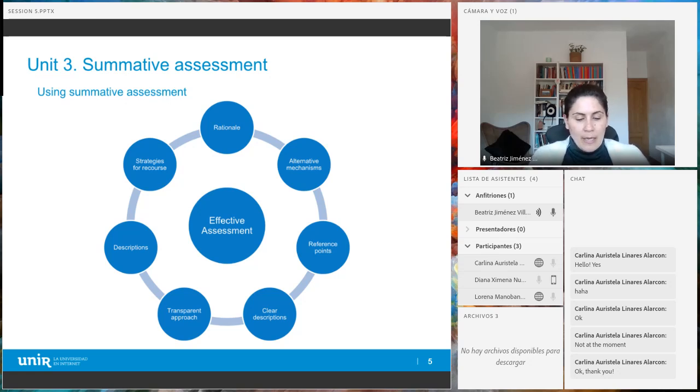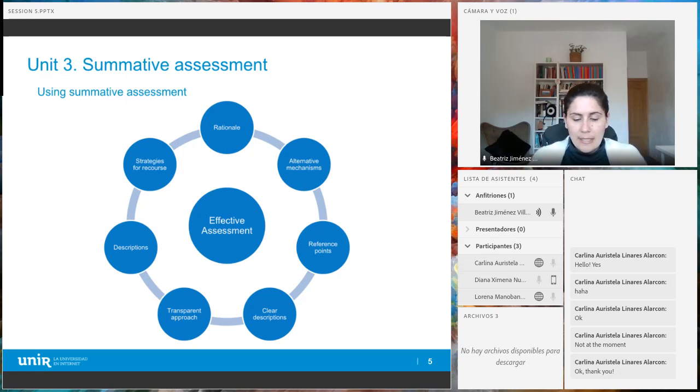We need to use transparent approaches to interpretation. So we need to be very clear about how we are going to interpret those rubrics. We need to describe how the assessment process is going to take place, in all the methods or all the ways involved in this assessment process, and it's important that we provide our students with strategies for recourse.